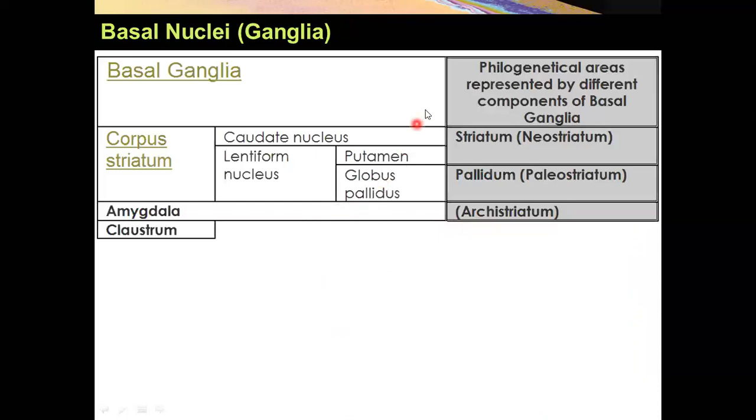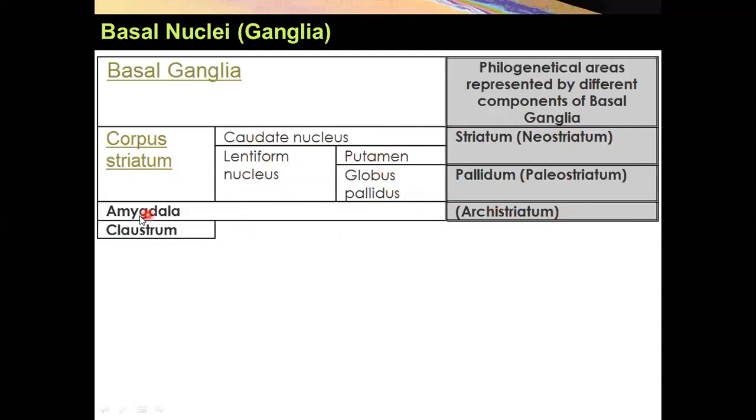Okay, so phylogenetical areas represented by different components of basal nuclei. Again, the corpus striatum consists of caudate nucleus and the lentiform nucleus. Lentiform nucleus is made by putamen and the globus pallidus.